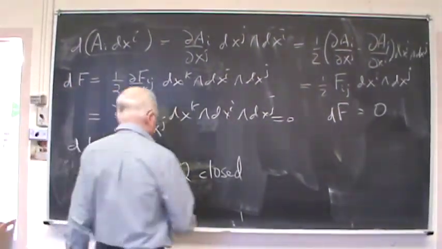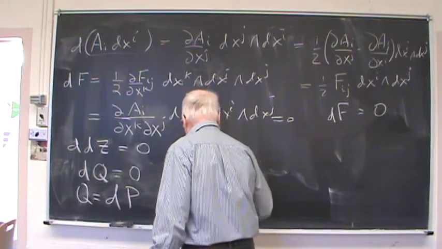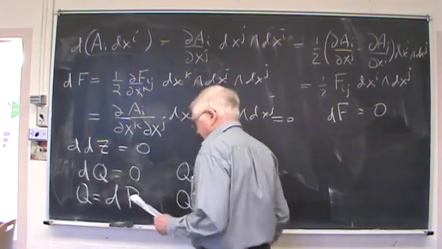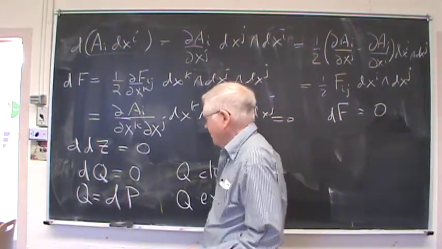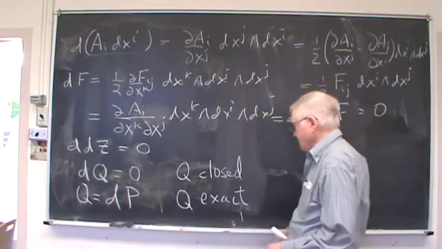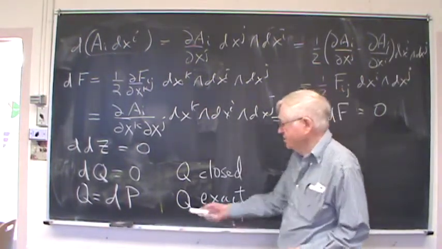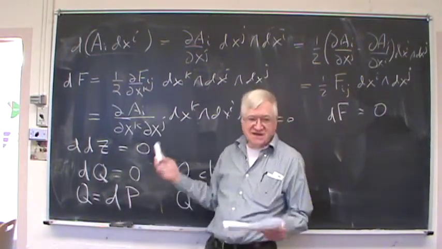Then we would say q is exact. Now, what is true is that any form that's exact is closed, because if q is equal to dp, then dq is automatically 0 because dd is 0.